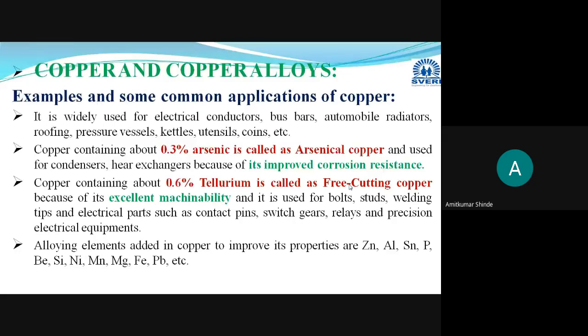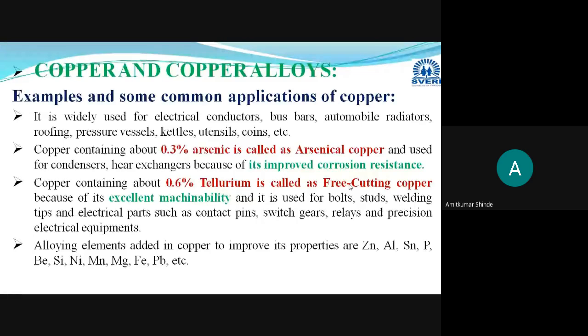In your home refrigerator you can clearly see the condenser tube, a copper tube, made of this arsenical copper. Some heat exchanger tubes are also manufactured from arsenical copper. And when you add 0.6% tellurium, it becomes free cutting copper with better machinability, and it can be used for manufacturing different bolts, studs, and electrical components.